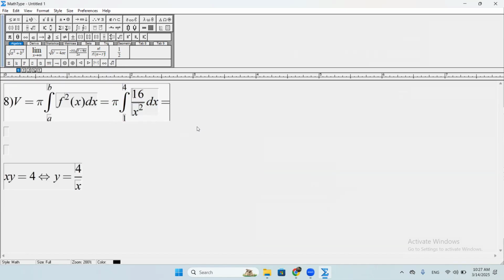Yeah, we can integrate it. So minus 16 pi times 1 over x with the substitutions from 1 to 4.